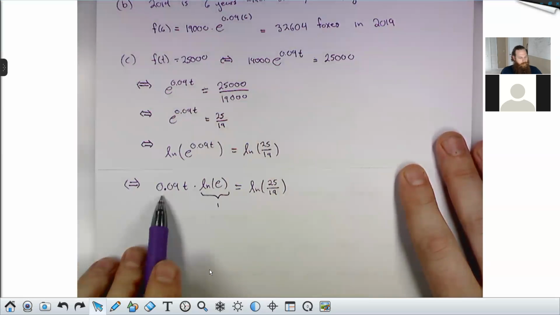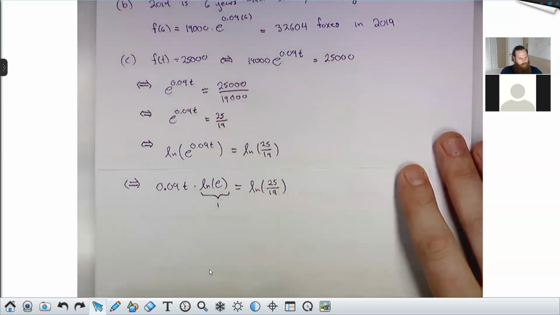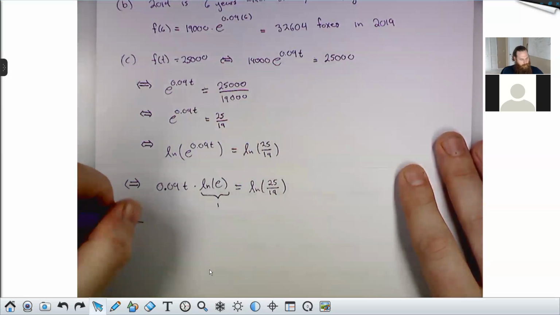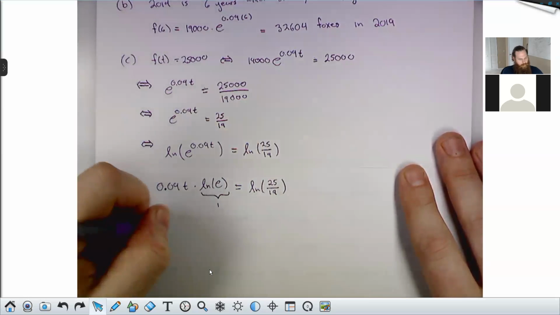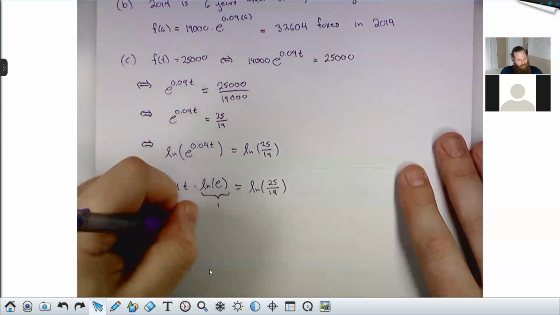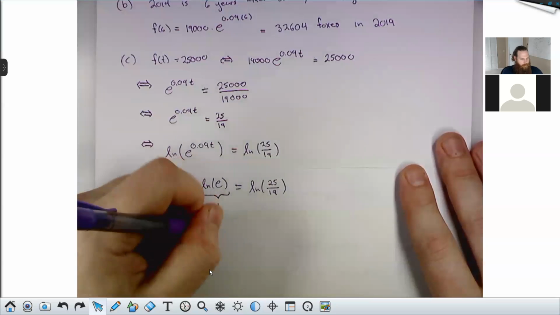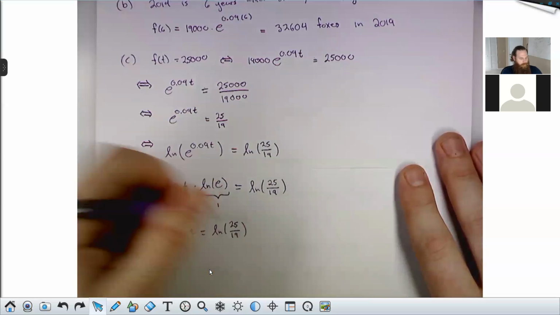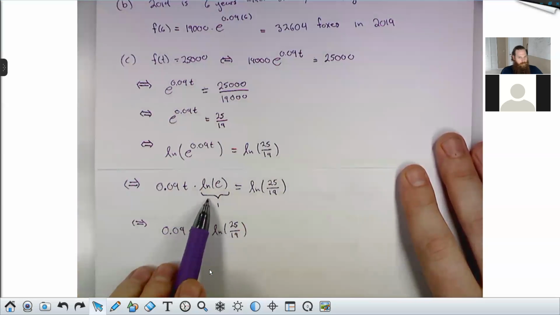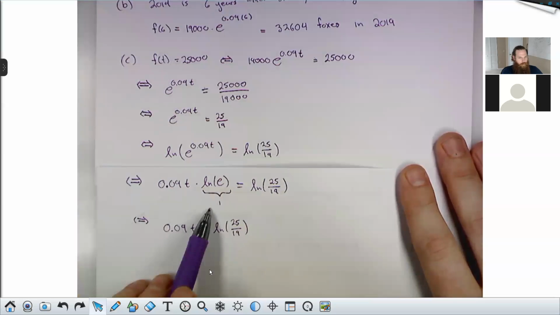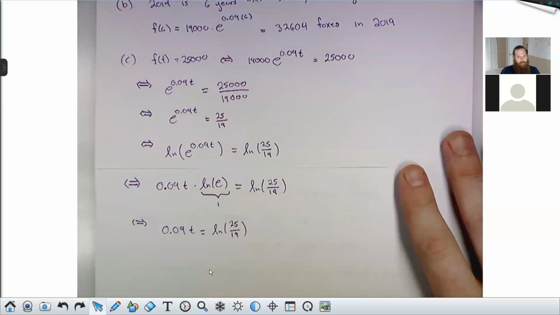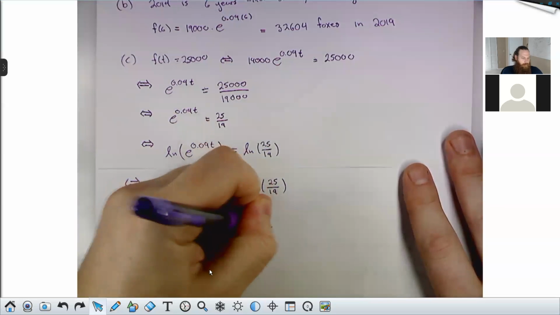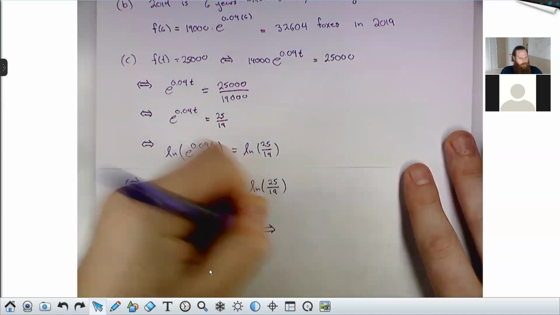So we'll have 0.09 t equals the natural log of 25 over 19, because this piece is just 1, and this times 1 is just this. And now finally we can divide by the 0.09.